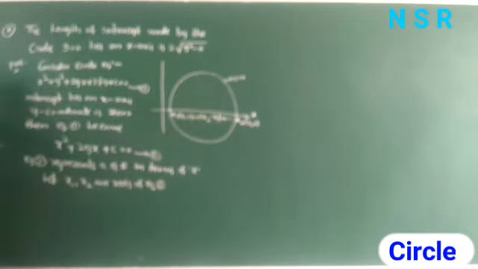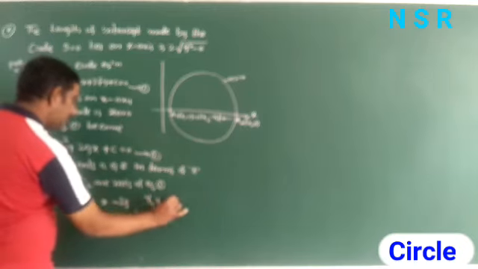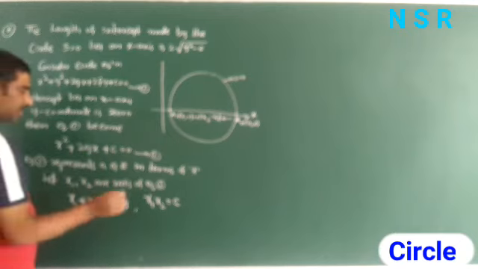For a quadratic equation we have two conditions, the sum of the roots and the product of the roots. The sum of the roots x1 plus x2 is equal to minus b by a, that is minus 2g by 1, which is minus 2g. The product x1 x2 is equal to c by a, that is c by 1, which is c.